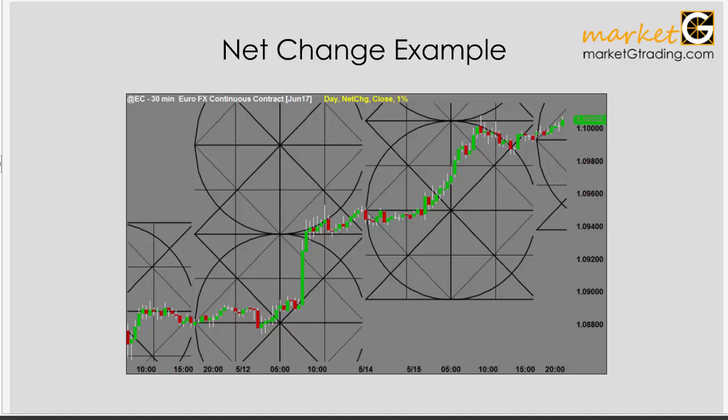So basically, the square here is 1% of the closing price. See, this is a day cycle, net change, close, and 1%. And so the top of the square here is a 0.5% move from the previous close.